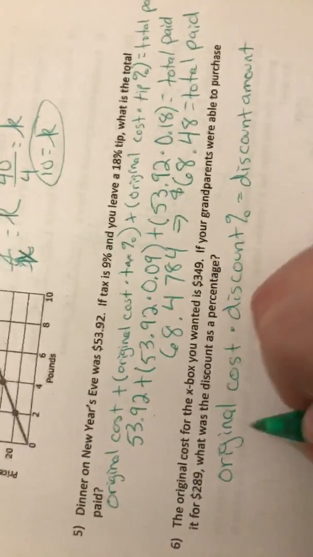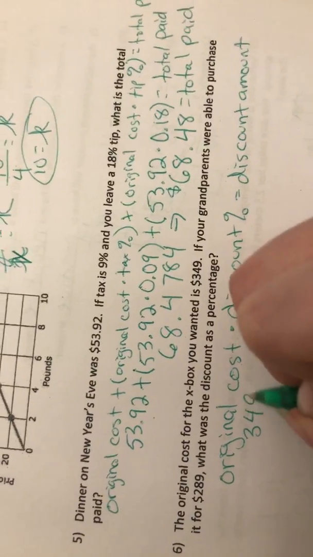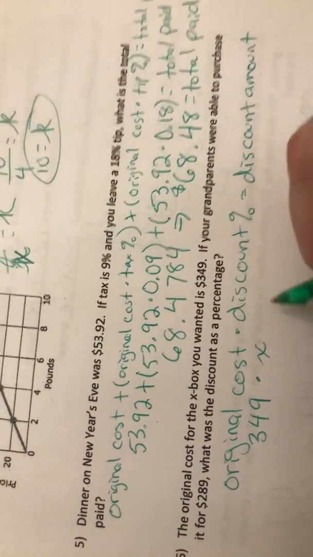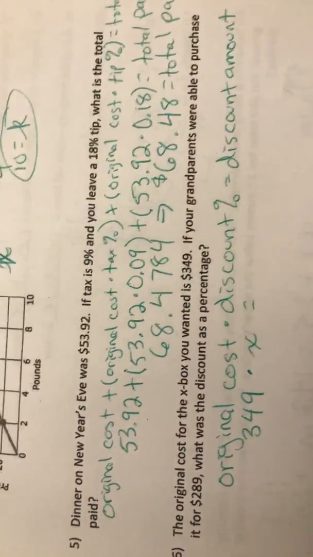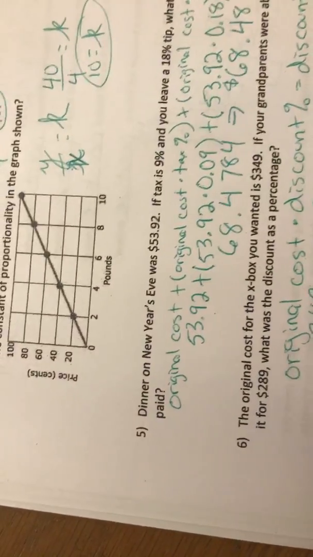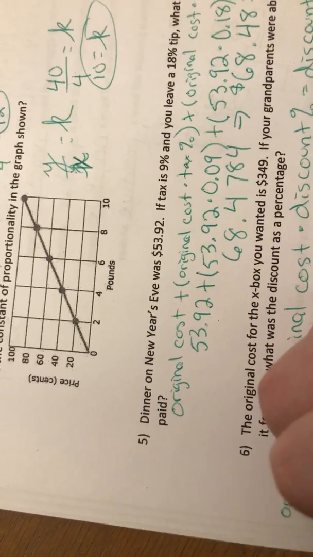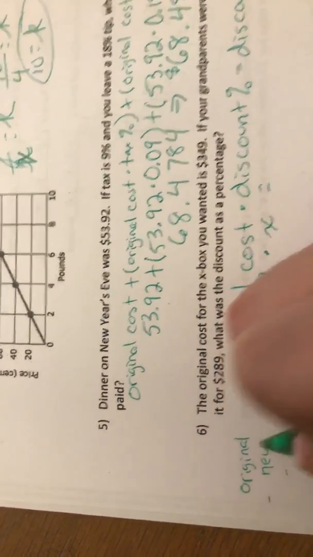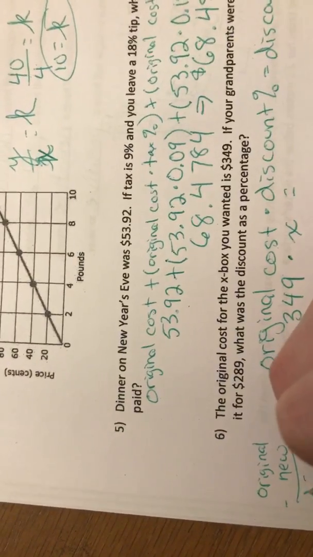We know the original cost was $349. We don't know the discount percentage, so we're going to use that variable x. To find our discount amount, we're going to take the original minus the new. That equals the discount amount.